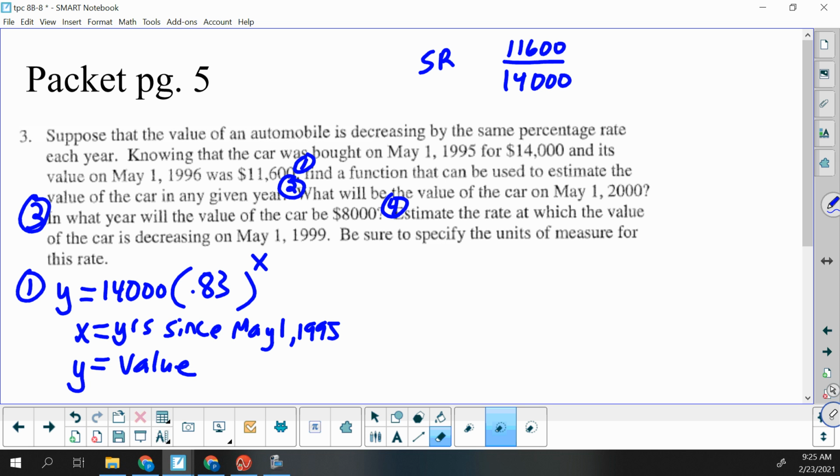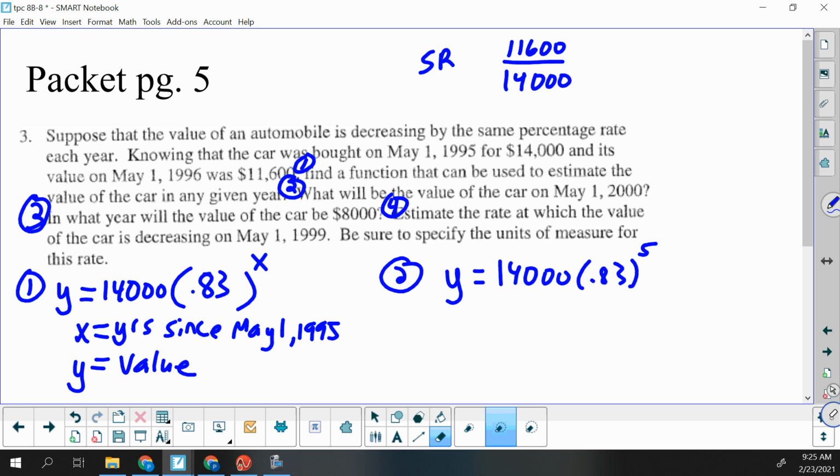The second one: what's the value of the car on May 1st, 2000? Well, 2000 is 5 years after 1995, so we can just take our equation and sub in 5 for x. We're working with money, so we would want to round to the nearest hundredth.